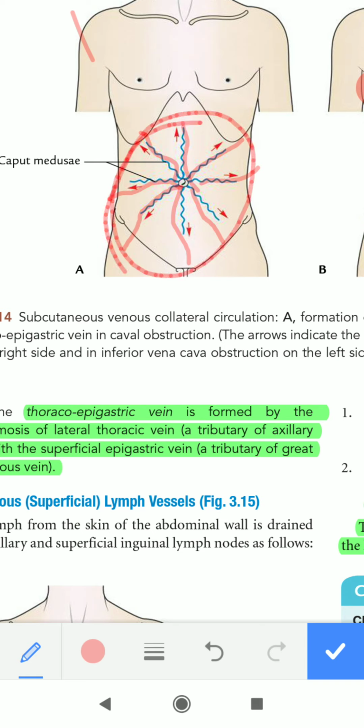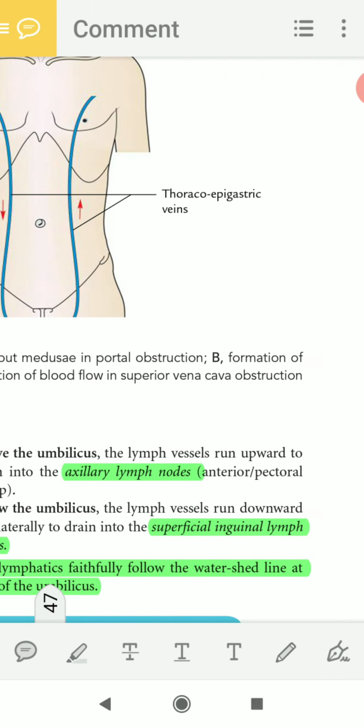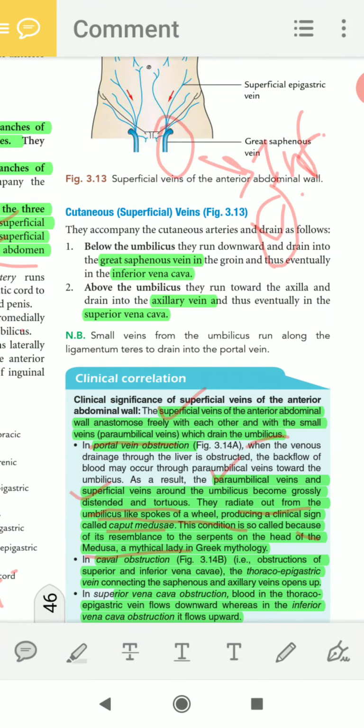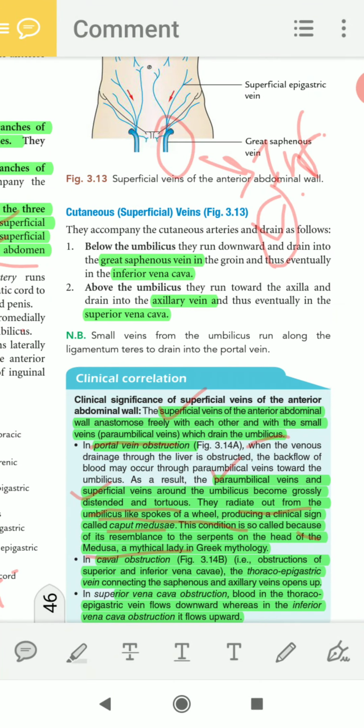This is called caput medusae. So in case of portal obstruction, we will find this feature.